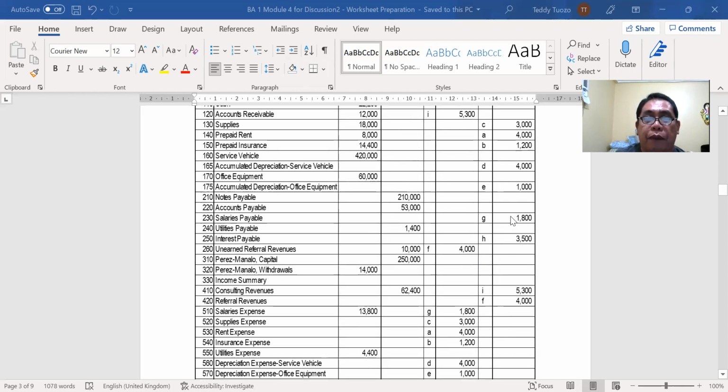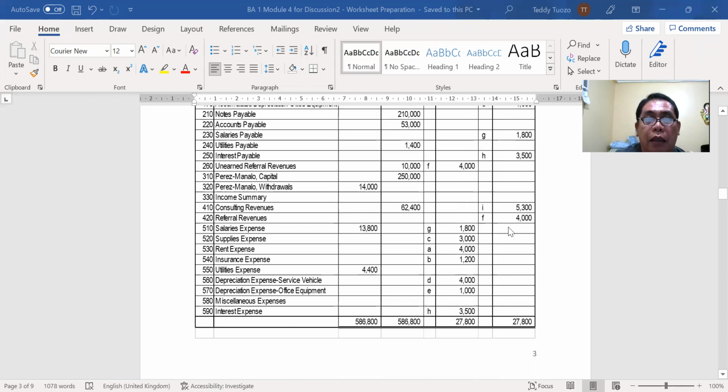Letter F, may ija debit. The debit to letter F is dari. Debit to unearned referral revenues. Aton liability account, aton collected in advance na income pero waya pa maka-perform nan service. So ato to reverse, we debited, no? Because the normal balance of the liability or the unearned referral revenues is a credit because it's a liability.